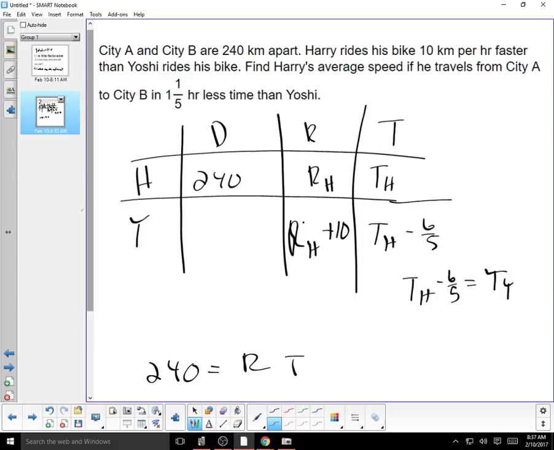For the rate for Yoshi, shouldn't it be minus 10? So if the rate of Harry is equal to the rate of Yoshi, is that true? Harry rides 10 miles per hour faster, so I have to add 10 there. So that's wrong, because that's the rate for Yoshi, not Harry.